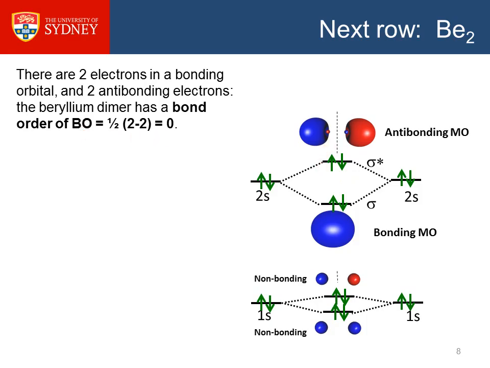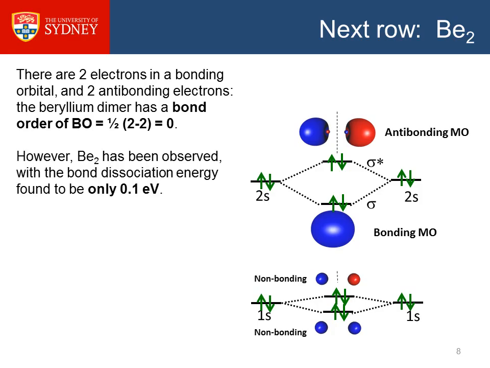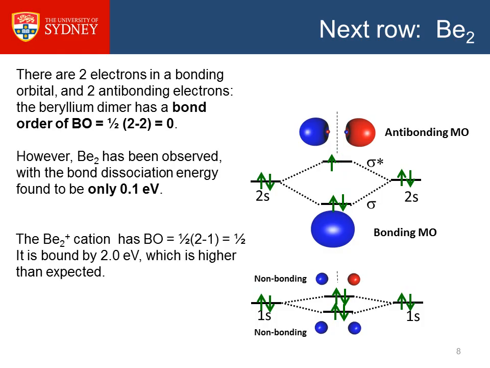Therefore, the bond order of the molecule beryllium-2 is 0. In sophisticated examples in the lab, beryllium-2 has been synthesized, but its bond dissociation energy is extremely low, meaning this molecule is very unstable. On the other hand, if we subtract 1 electron and form the cation beryllium-2 plus, we get a bond order of 1/2, which makes for a much more stable molecule with a dissociation energy of 2 electron volts.